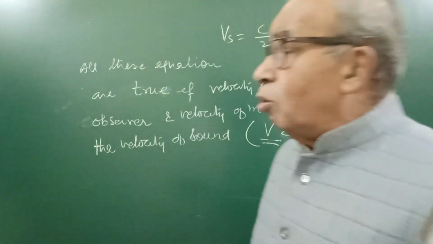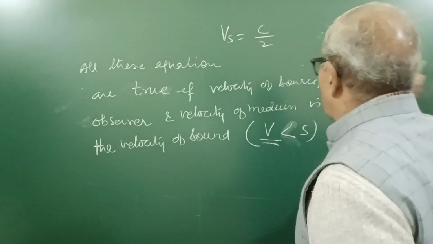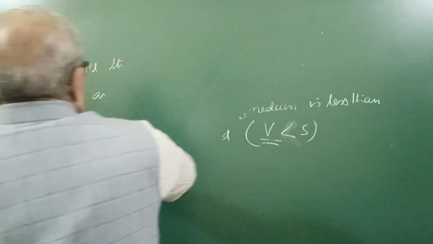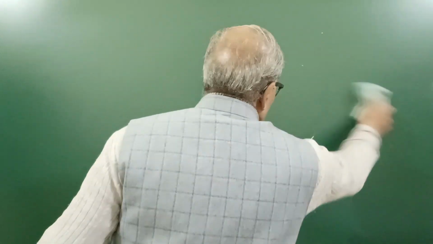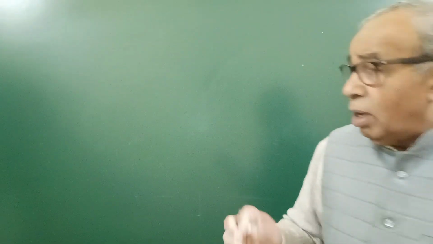And those objects moving with more than the speed of sound are also called supersonics. So I told you here everything about the Doppler effect in sound. I want to tell you one more question here.